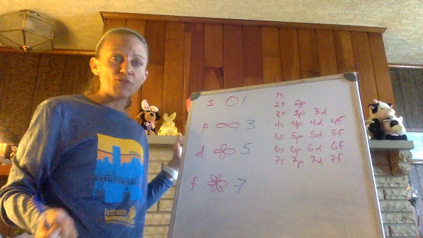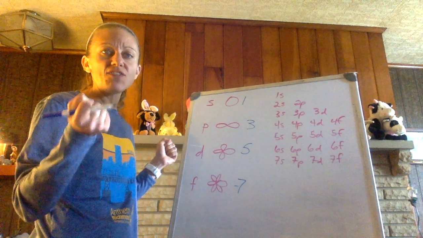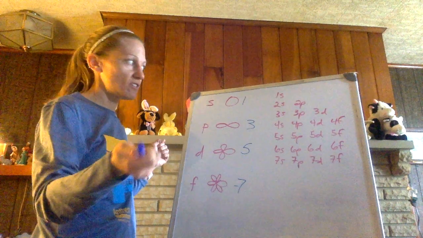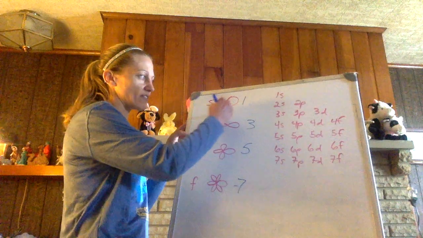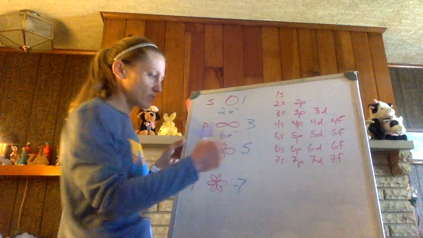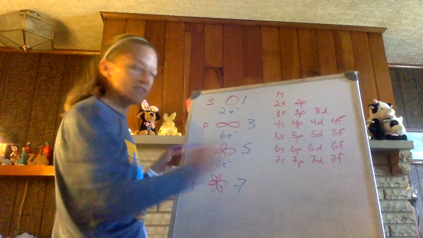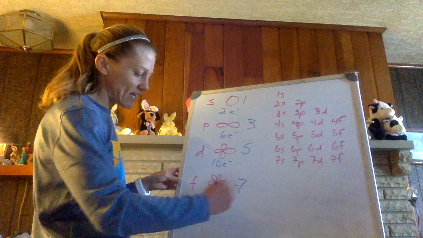And that's going to let me figure out how many electrons I can hold total in these, because if each one can hold 2 electrons, my s can hold 2, and my p can hold 6. 5 times 2 puts 10 in the d orbitals, and 14 in the f.